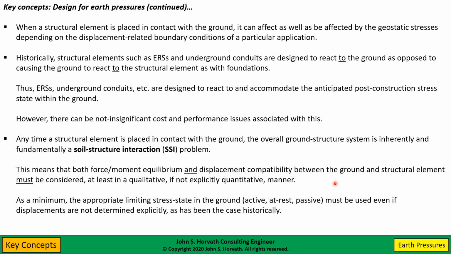If it can displace, such as a retaining wall, we'll typically design it for the active earth pressure state. But if it can't displace, for example, a basement wall of a building, a bridge abutment, then we should logically design it for the at-rest state. So the point I'm getting at is we do need to consider displacements, even if we don't calculate them explicitly.